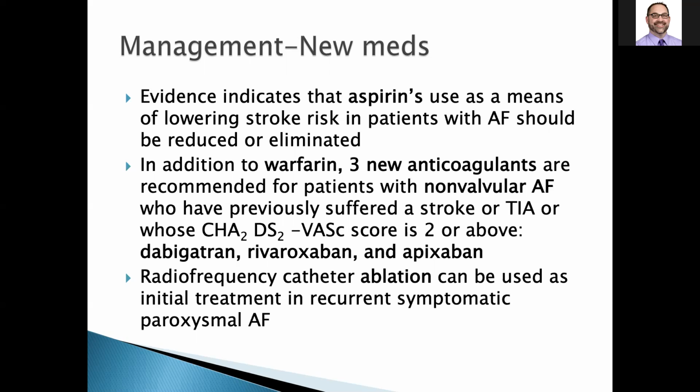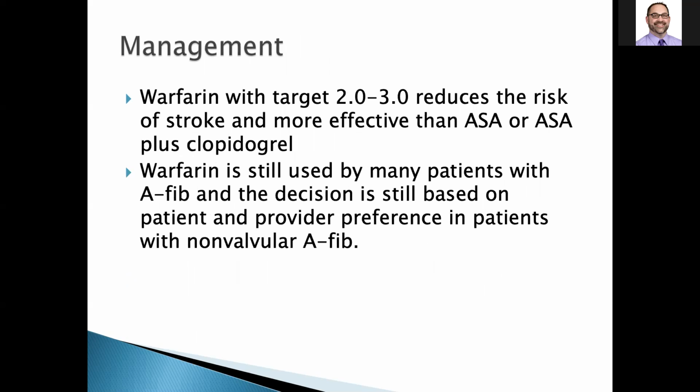And radiofrequency catheter ablation should be used as initial treatment if patients have recurrent symptoms of paroxysmal atrial fib. So they should be evaluated for electrophysiology study if we are concerned that their symptoms are paroxysmal atrial fibrillation and they have decompensation every time they have A-fib.